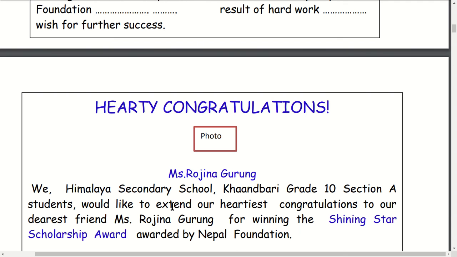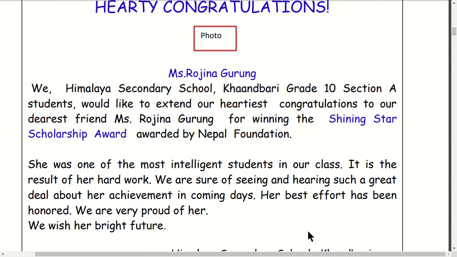We would like to extend our heartiest, our heartfelt, our hearty congratulations to our dearest friend, Miss Rosina Gurung, for winning the Shining Star Scholarship Award awarded by Nepal Foundation.